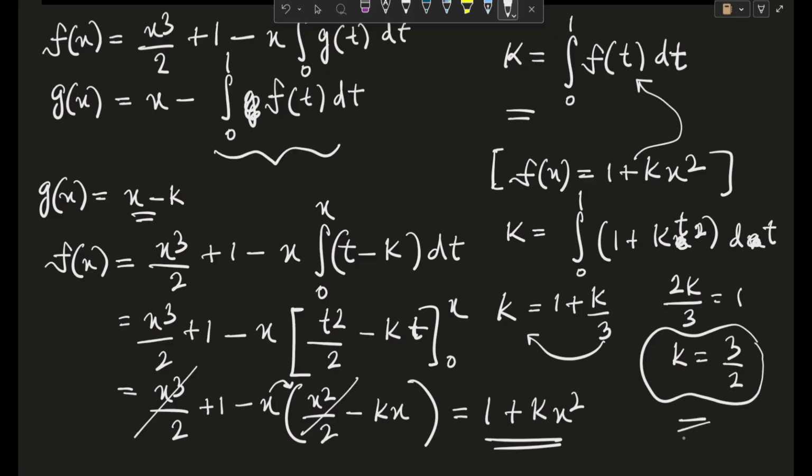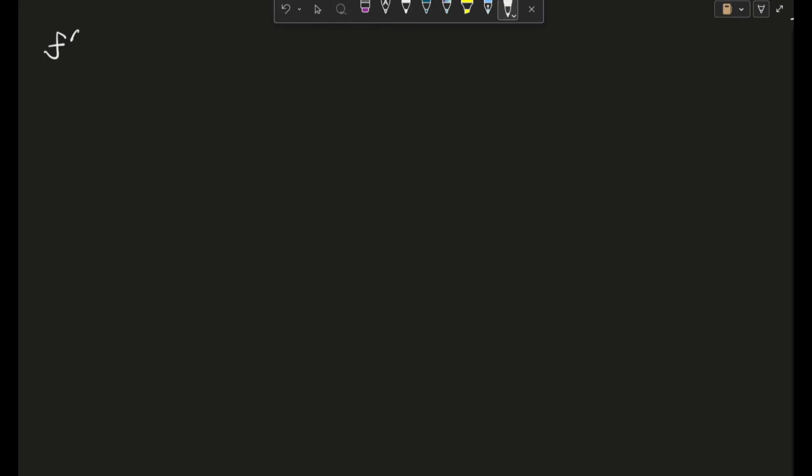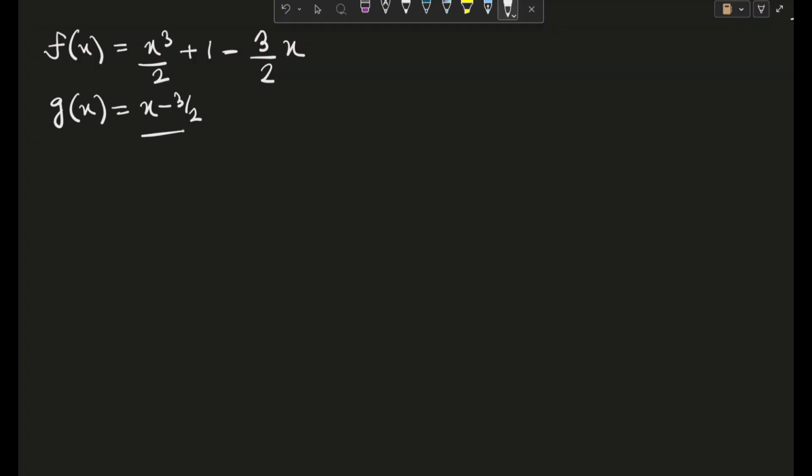So we finally have our value for k, and now our f of x and g of x are perfectly ready. So let's write them down. Wait, I made a mistake, I wrote f of x wrong.